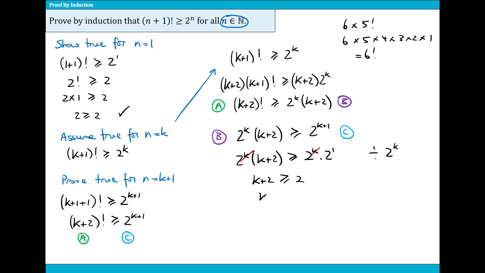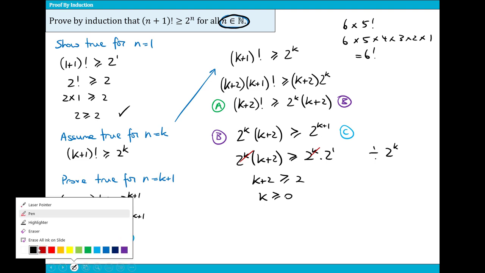I'm going to subtract 2 from both sides, where I get k is greater than or equal to 0. So B will be bigger than C if k is greater than or equal to 0, but k will always be greater than or equal to 0 because we're only ever going to sub in natural numbers, the first of which is 1. So we know that B is bigger than C, and if B is bigger than C, we can say that A is bigger than C.